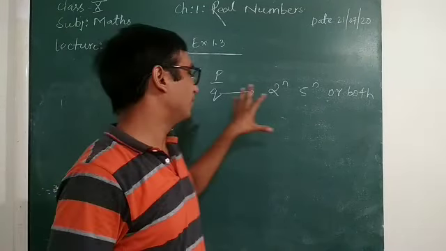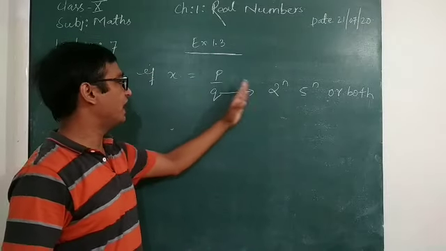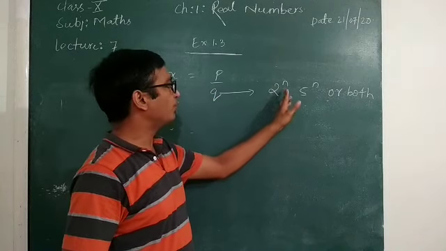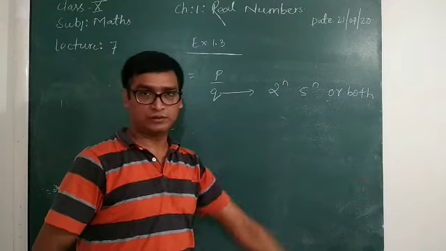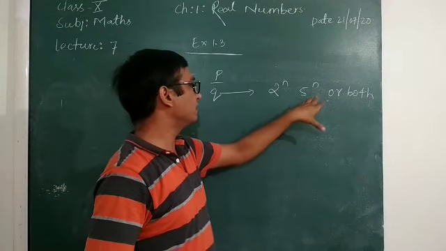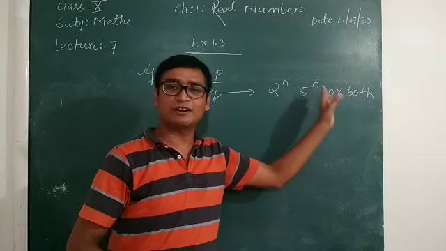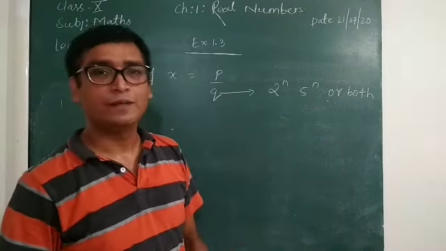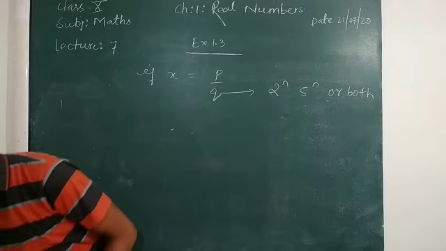Okay, so this is our main trick. In the exercise we have to use the same thing. If it is not in the form of 2 raised to power n or 5 raised to power m or both, and some other numbers are coming, like 7 raised to power n or 13 raised to power n, then you can say that it is a non-terminating number.